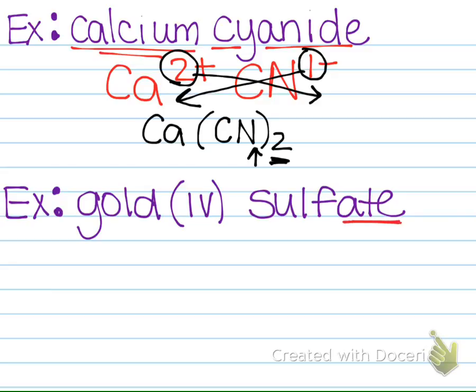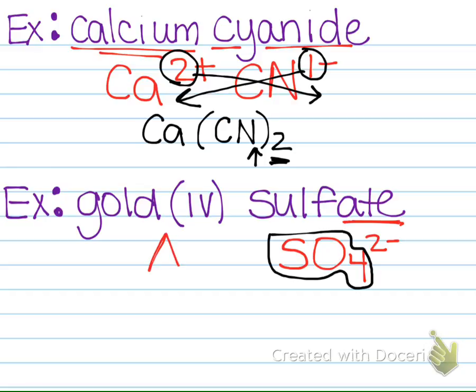It ends in ate. So you go to your sheet, you look it up. Sulfate is SO4 with a 2- charge. Keep in mind, too, that all of this is one piece. It stays together. Think of this as all together. It doesn't separate. Okay? And then we have gold, which is Au, and we have the charge of a 4+.